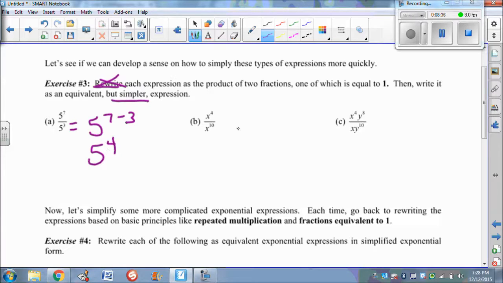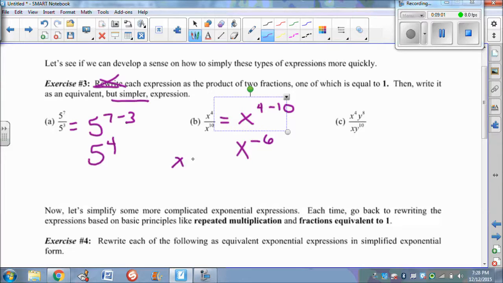Then this one would be x to the 4 minus 10, which is really x to the negative 6, but we haven't really talked a lot about negative exponents, and that's going to come up in the next lesson, but let's go there right now.